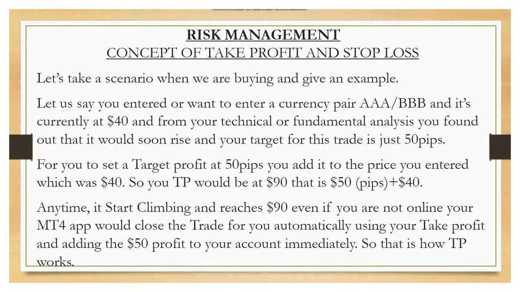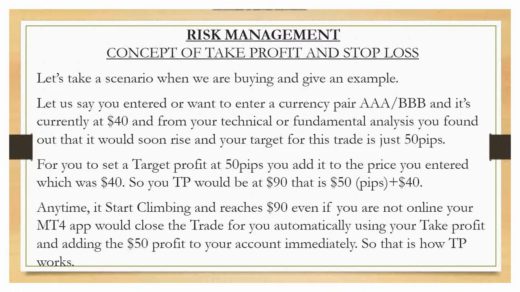Let's take a scenario when we are buying and give an example. Let us say you want to enter a currency pair, AAA against BBB. It is currently at $40, and from your technical or fundamental analysis you found out that it would soon rise, and your target for this trade is just 50 pips.